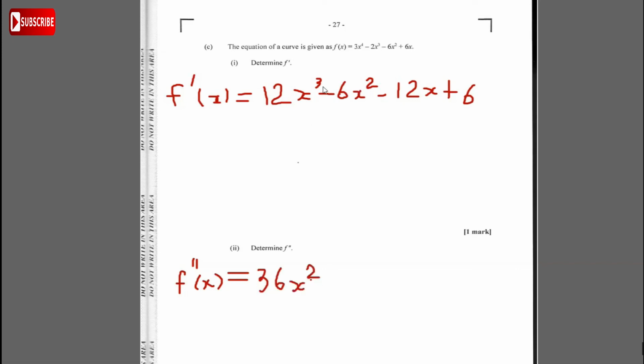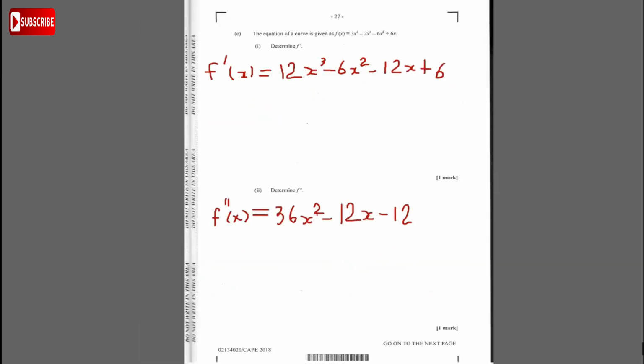Then you differentiate minus 6x squared, you get minus 12x. Then you differentiate minus 12x, you get minus 12. Nice. 36x squared minus 12x minus 12. Good. So we find the first and second derivative.